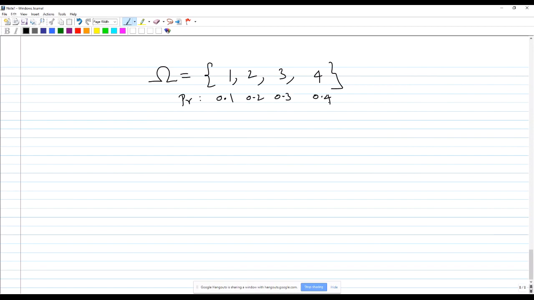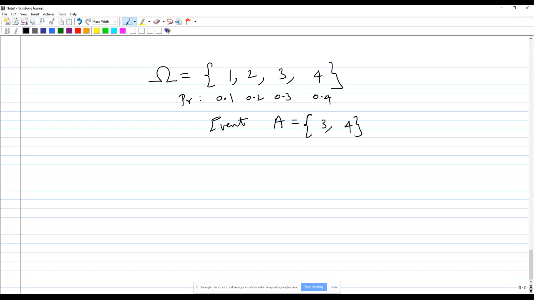So the probability of 1 is 0.1, of 2 is 0.2, of 3 is 0.3, of 4 is 0.4. You can see that it adds up to 1, so it's a proper probability assignment. Now, let's say I have an event. You could call it any event, but let's say the event A is {3, 4}.